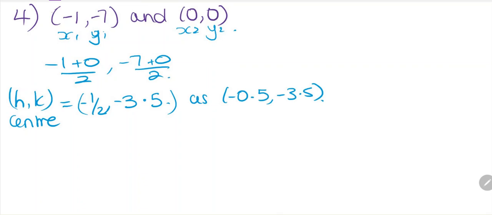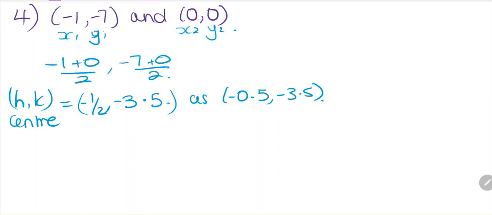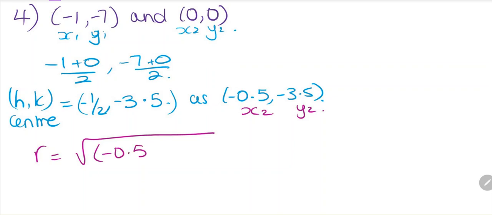Okay, so distance formula. So this is going to be our x2 and y2. So the radius, so this is going to be (minus 0.5 plus 1) squared, and (minus 3.5 plus 7) squared.